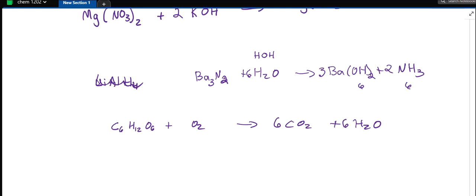And then your last thing will be to do the oxygens. The only thing is the oxygens will be a little different this time, because you have to count the oxygens in both of these. That's 12 plus 6 is 18. And here, I already have 6 over here. I don't want to mess with those 6, so I need 12 more, so I'll put a 6 there, and that'll be balanced.